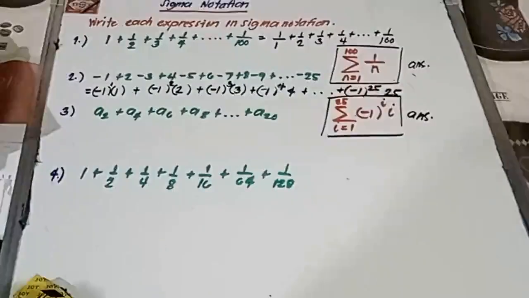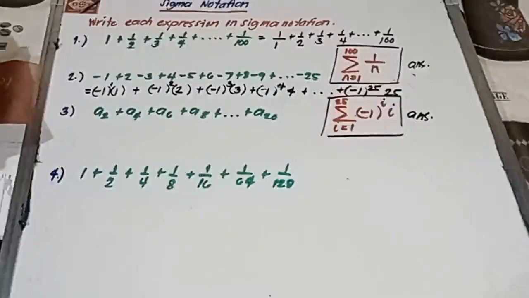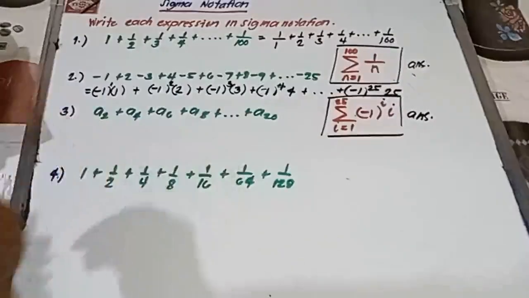Okay, we have example number 3. So for the third example, we have a sub 2 plus a sub 4 plus a sub 6 plus a sub 8 plus until a sub 20. So ang makikita nating pattern dito sa ating example number 3, yung subscript ng ating a, lahat sila ay divisible by 2. What if we factor out 2 sa lahat ng mga subscript ng ating a?